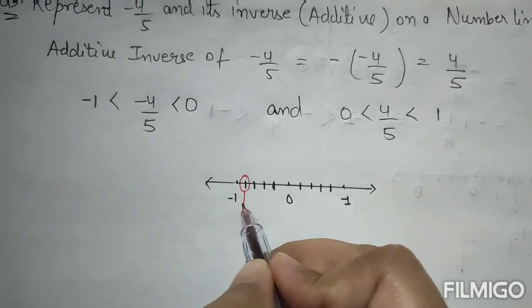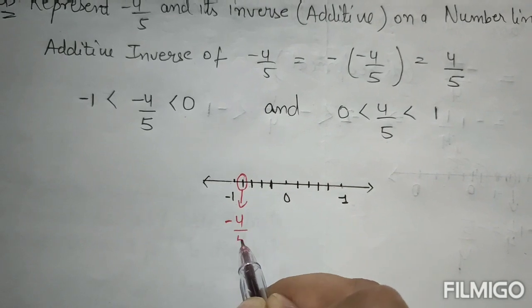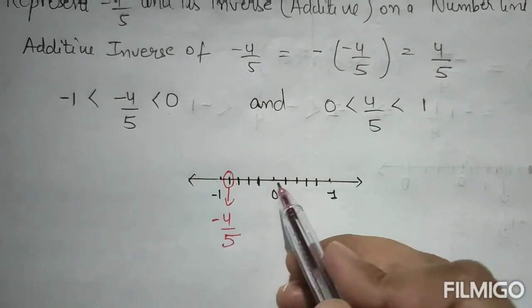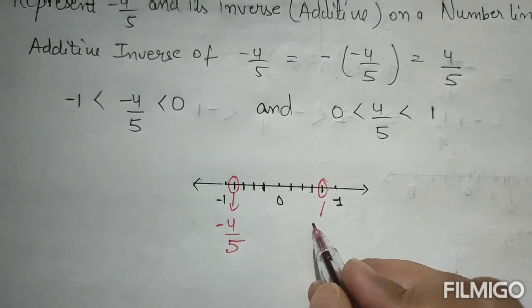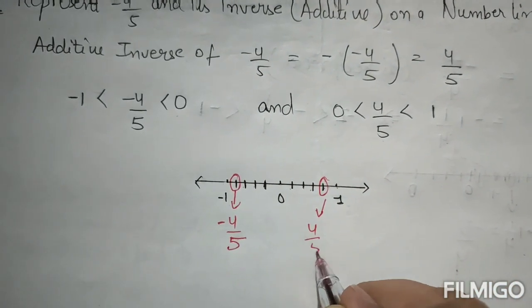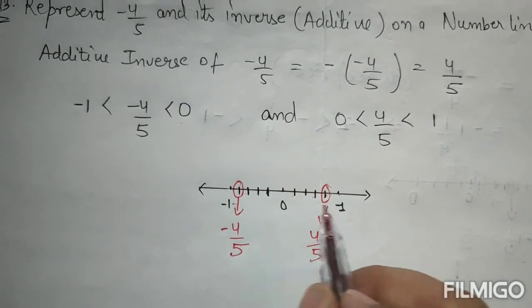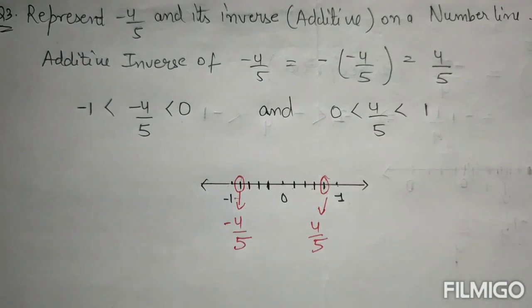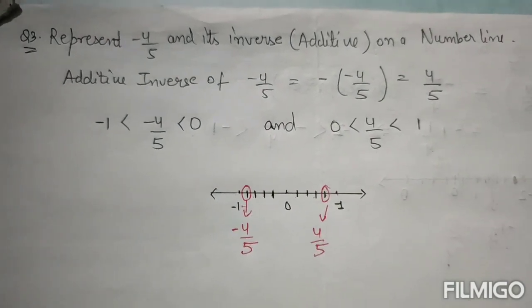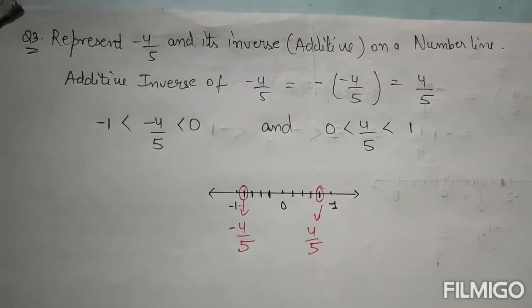This will be your minus 4 by 5. Now 4 by 5, 1 2 3 4. This will be your 4 by 5. So look, both the numbers are on the opposite side of 0. Clear? This is how you are going to represent it.